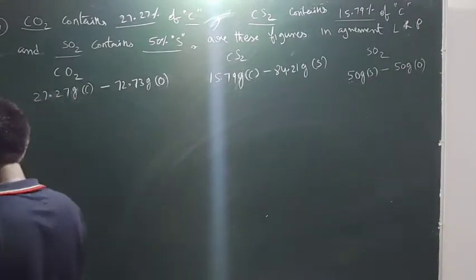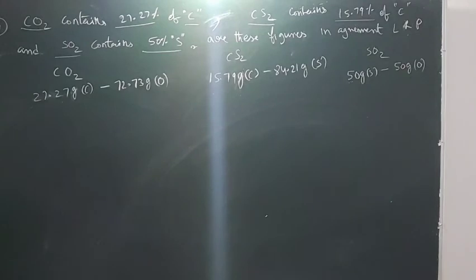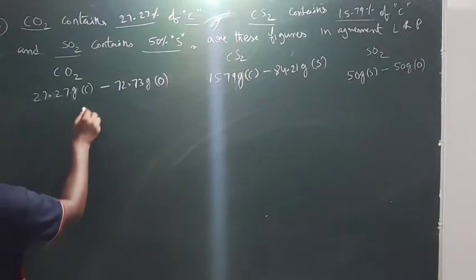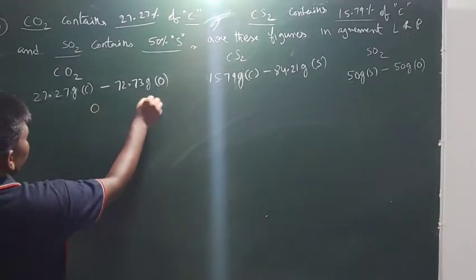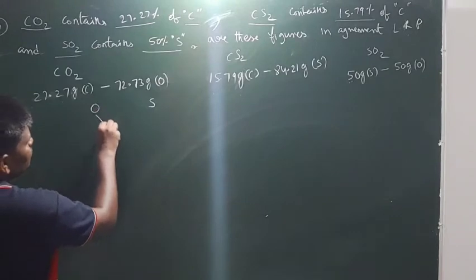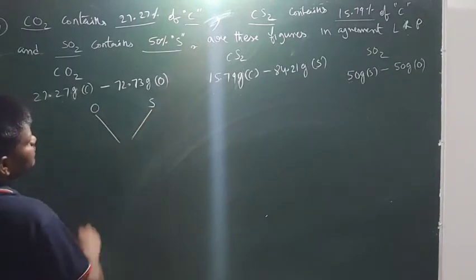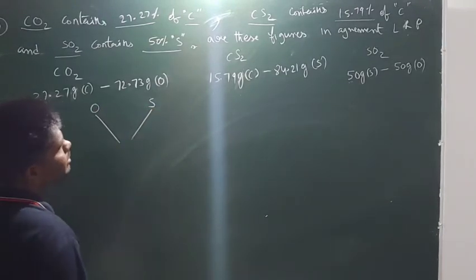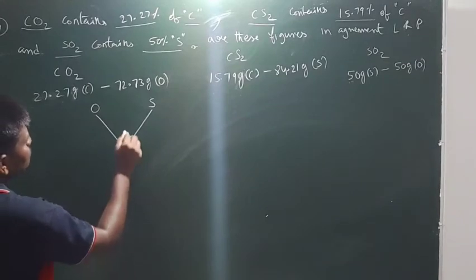Okay guys, now in each compound we have mass values of the respective elements. So first, let me take the two elements here, oxygen and sulfur. Now these two, oxygen and sulfur, are combining with a third element. What is the third element here? Carbon.